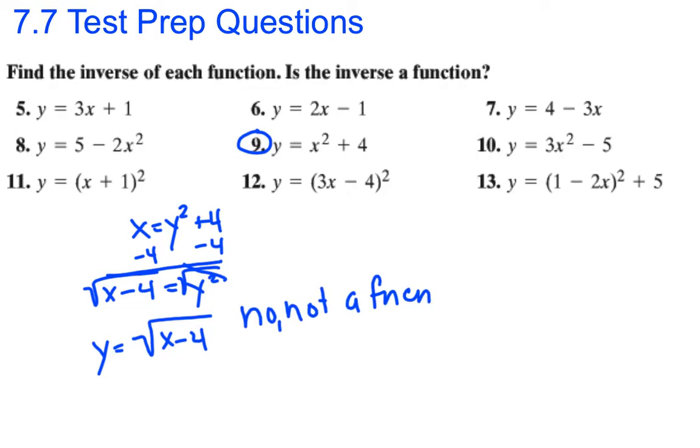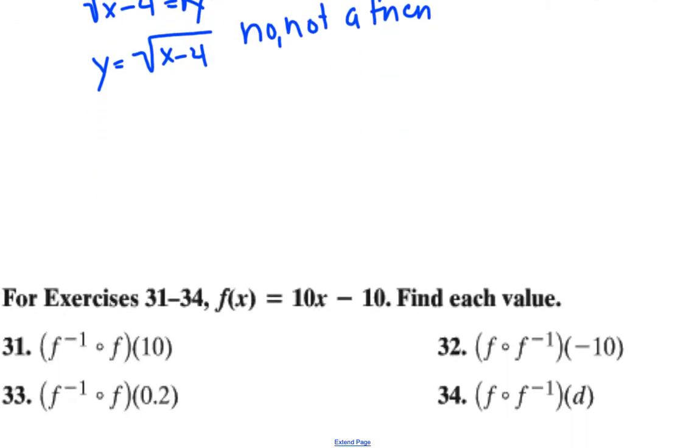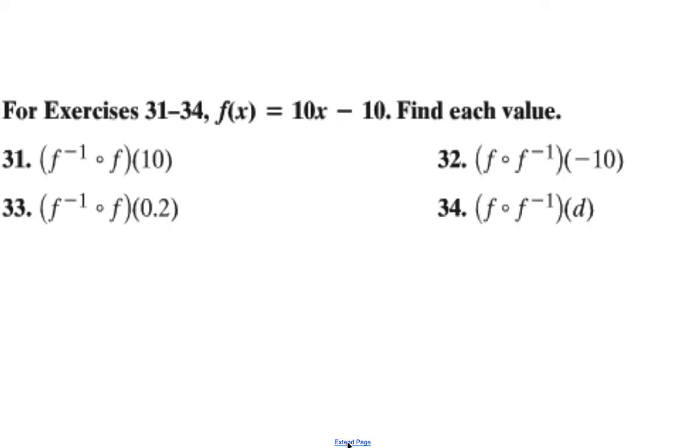All right, let's take a look at the bottom. These are some of my all-time favorite problems because we're doing the inverse of an operation. So that would be like doing the square root of a square, or multiplying and dividing, adding and subtracting. So what do you think these functions do? That's right. They cancel each other out.